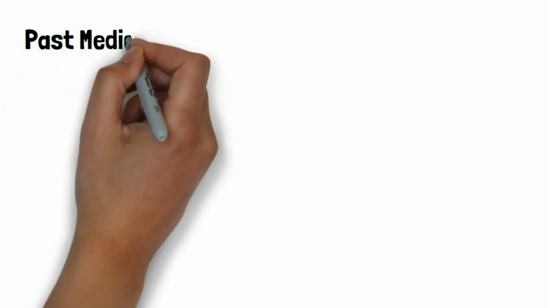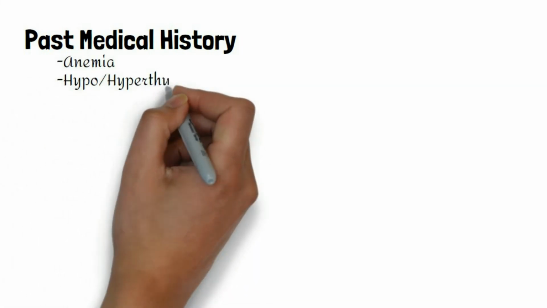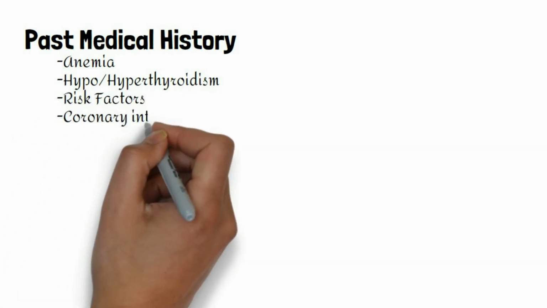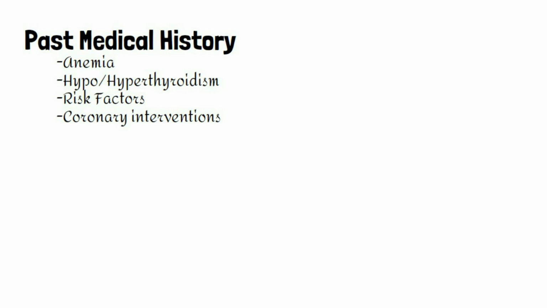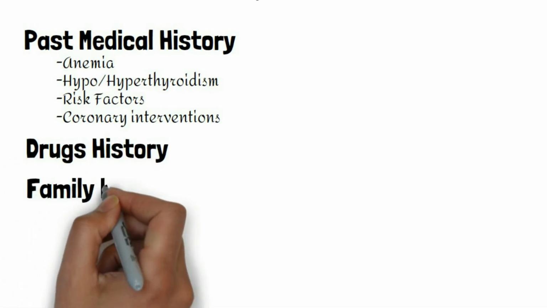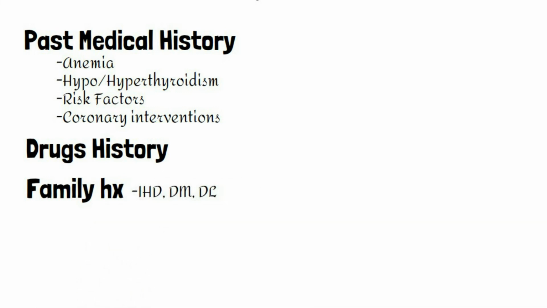In the past medical history, whether the patient has anemia, hypo or hyperthyroidism, and the risk factors we previously discussed. Also, it is important to know whether the patient has undergone any coronary interventions. Drug history. Family history of ischemic heart disease, diabetes mellitus, dyslipidemia.